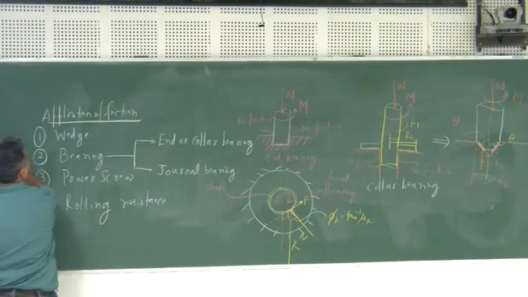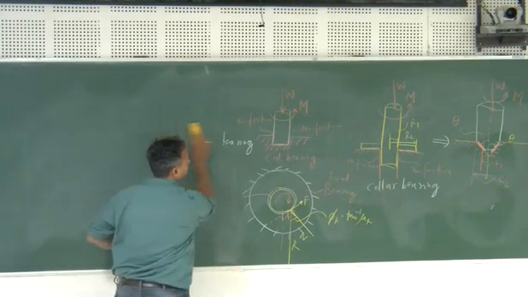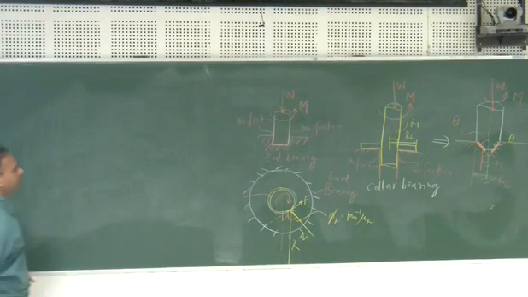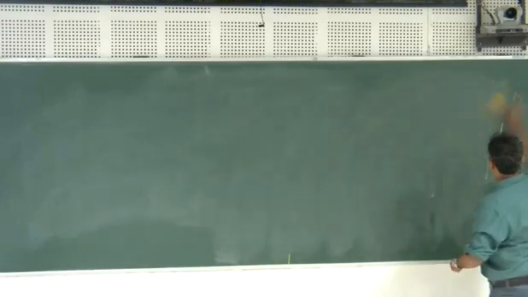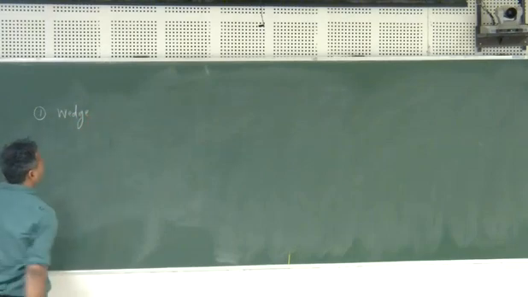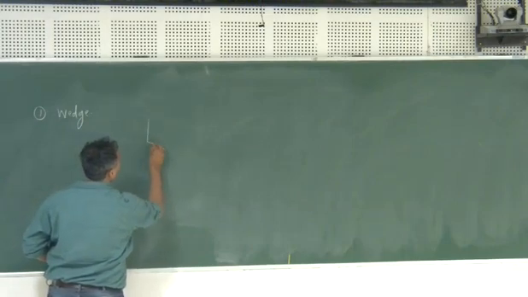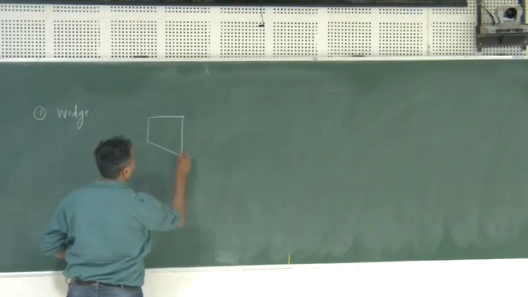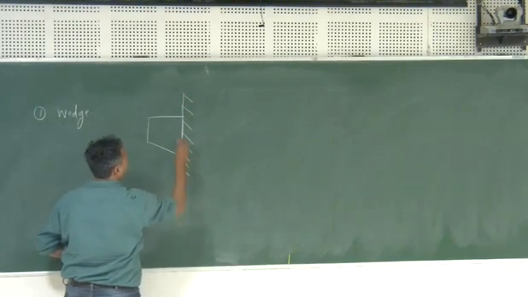Okay, so let's start. These are some of the applications. Let us start with the first. Application number 1, wedge. In this case, what is generally computed is, let us say you have to raise a block kept against a fixed wall.